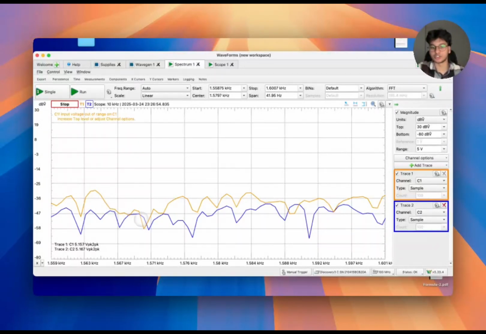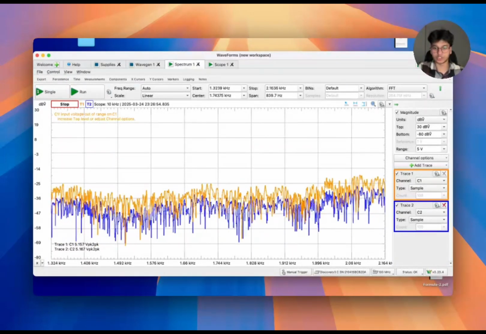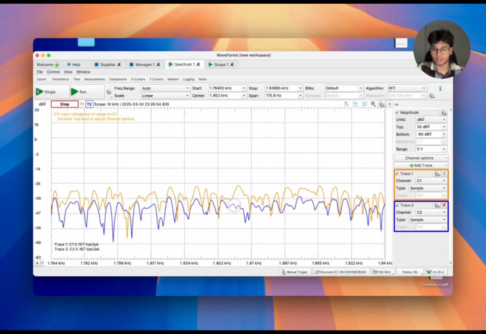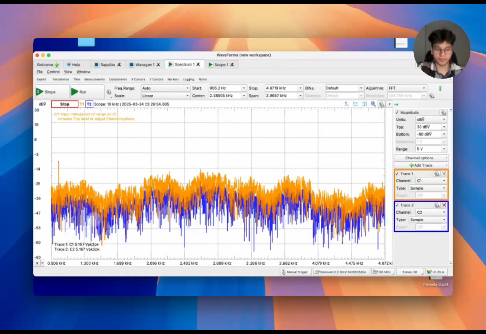So as the input voltage decreases, channel 1 decreases, and as the input voltage increases, channel 1 also increases. So you can see the map right here, which is a really good indicator that our circuit does work as intended. For different frequencies, we have generally a very similar wave that's running.